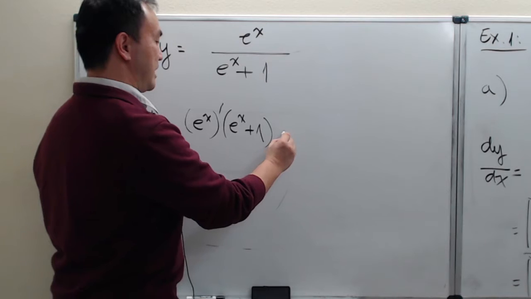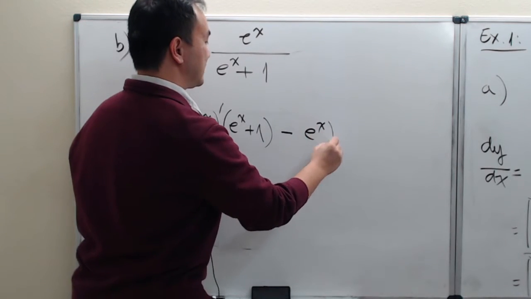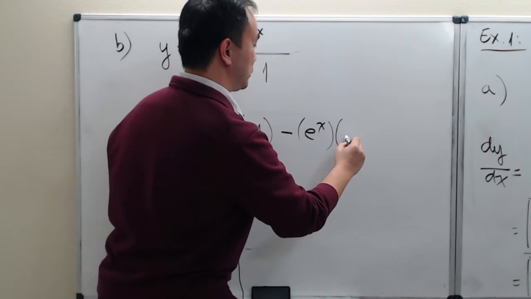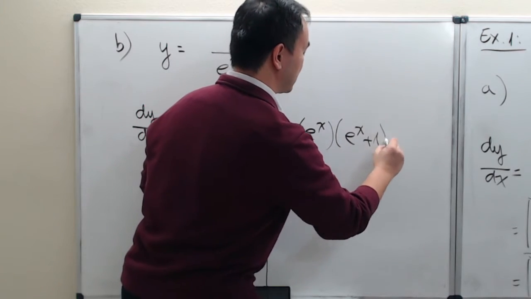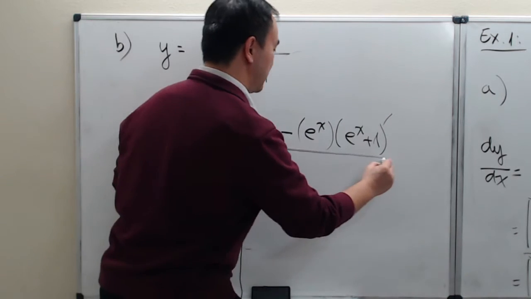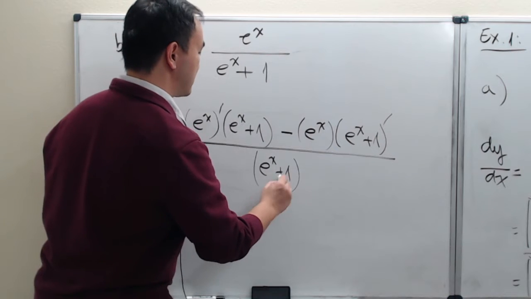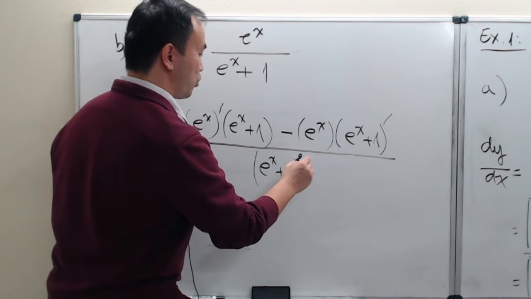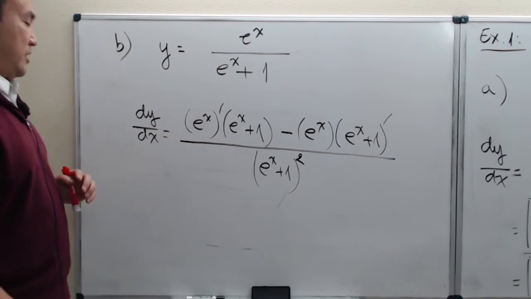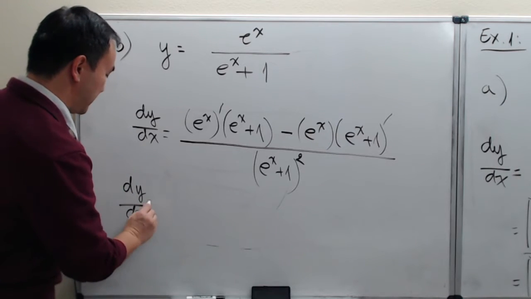And the quotient rule says further that we're going to subtract. I'm going to keep e to the x the same, no prime, and I'm going to take the derivative of e to the x plus 1, the denominator. But then there's another element. We need to divide by e to the x plus 1, the denominator, squared.